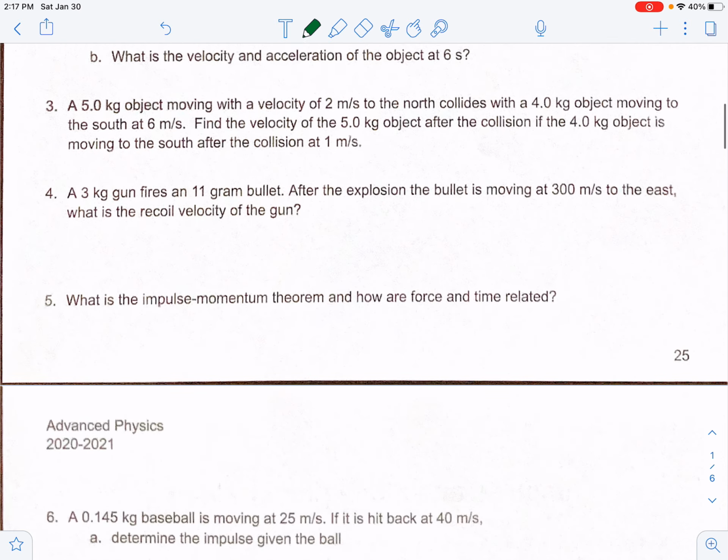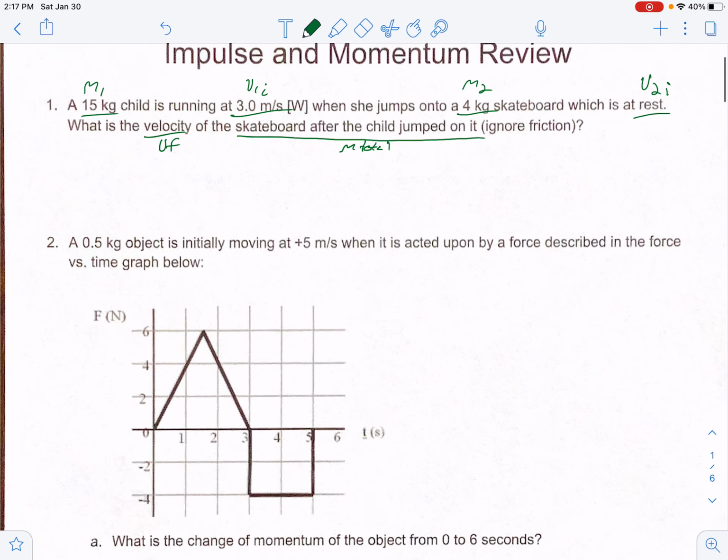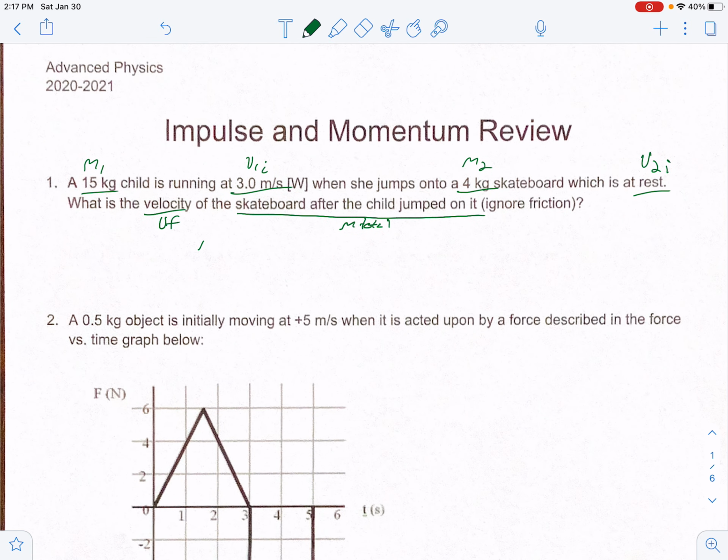If we go back down to our equations, separate in the beginning and stuck together at the end means we're going to use this equation right here, number 2. So I'm going to bring this back up here. M1 V1 initial plus M2 V2 initial equals M total V final.